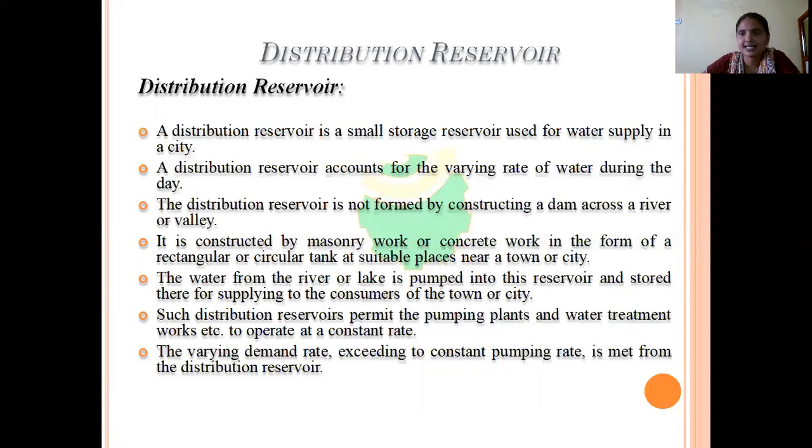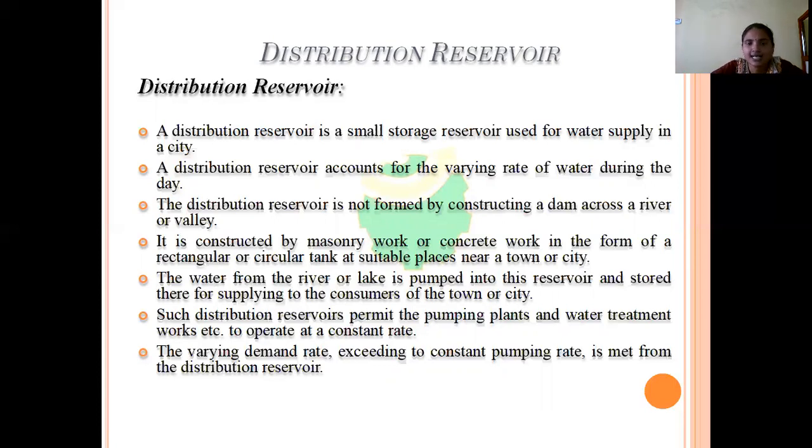It is constructed at some distance from the dam or reservoir. There, the water is collected for a day and from that place it will be distributed, because in some places it is not possible to construct a direct canal from the dam. So at such places we go for a distribution reservoir.